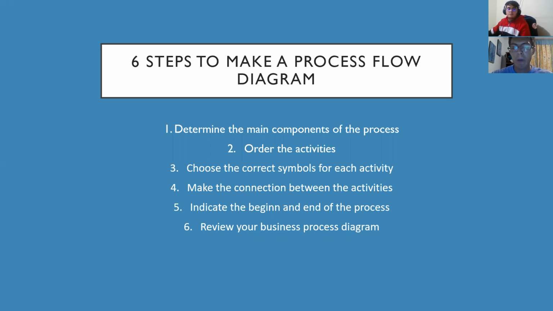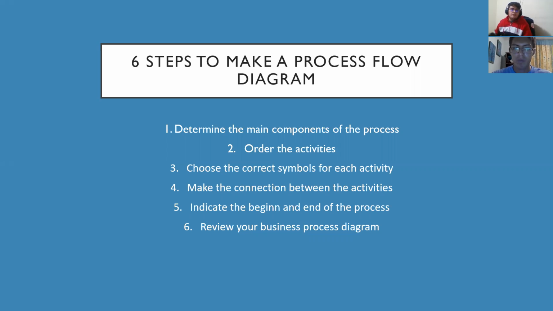The second step is order the activities. The business process diagram is a flow, so you need to order these activities. Making a list in chronological order is a better way to order the activities.